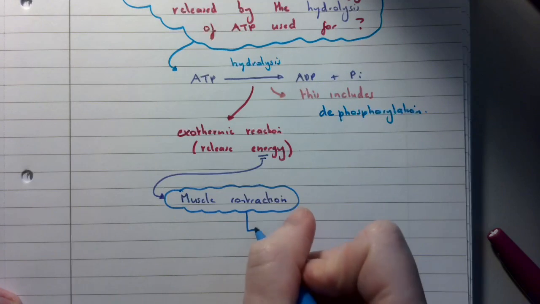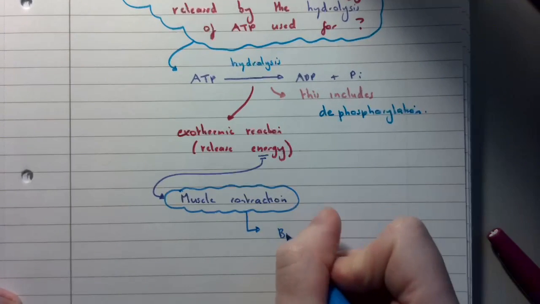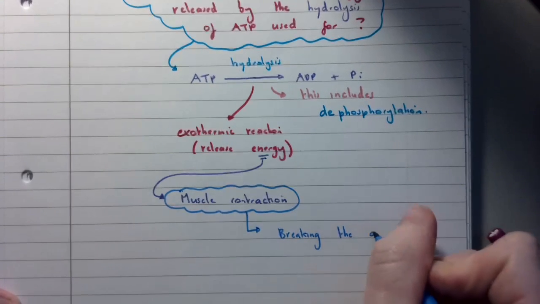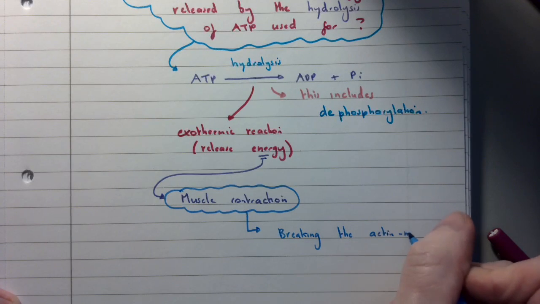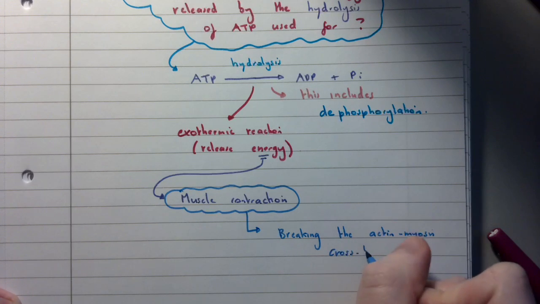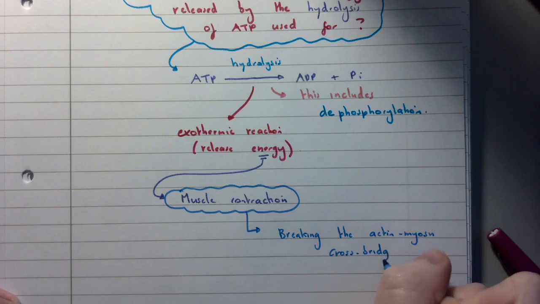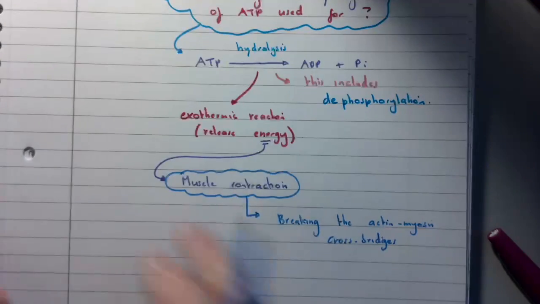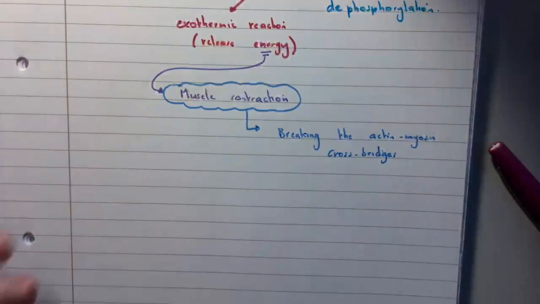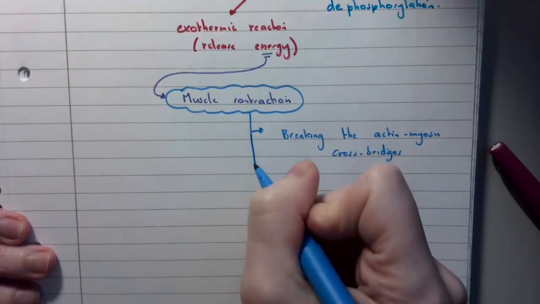So the first one is breaking what we call the actin myosin cross bridges. At some point I will do loads of videos as well on muscle contraction, so this will all tie together nice and neatly, hopefully, if you ever have got the time or chance to go through all of my different videos.